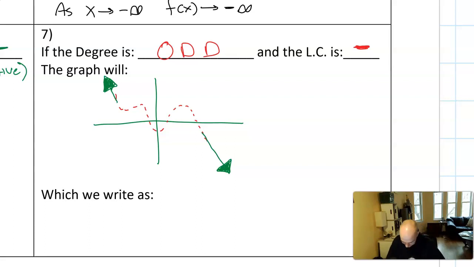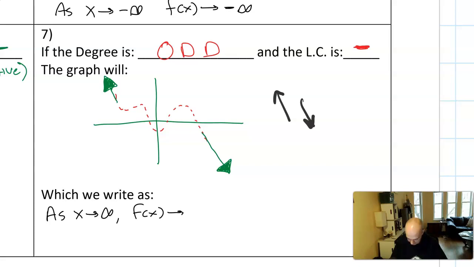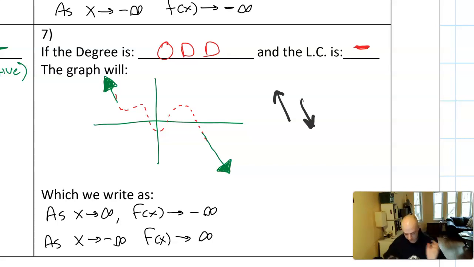So we would write this maybe as like up, down, and more formally, I would say as x approaches infinity, f of x approaches negative infinity, and as x approaches negative infinity, so the left side, f of x approaches positive infinity. You have that kind of flip-flop of the signs.